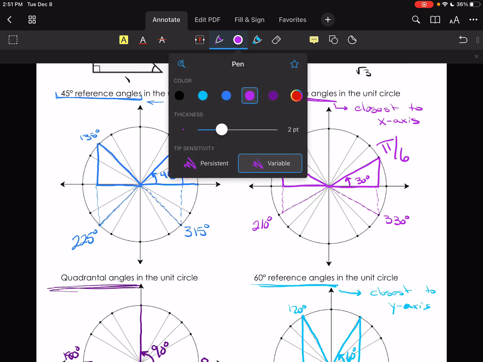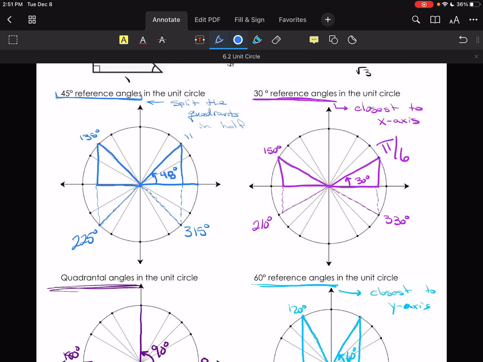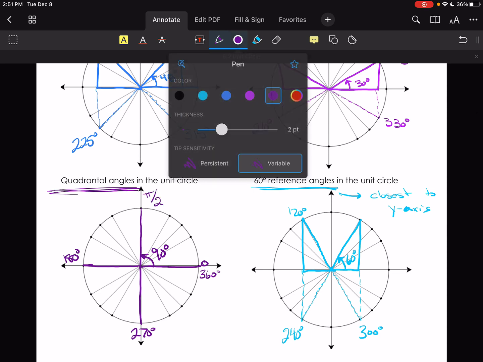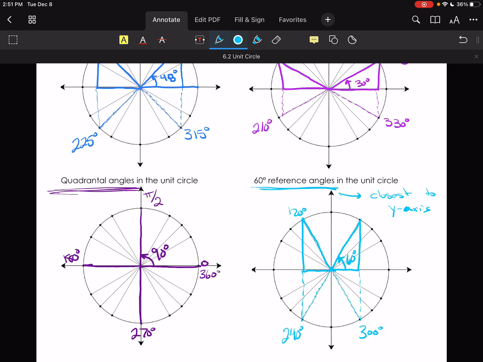Your 45 degree, those go with our pi over 4s. The quadrantals, those are your pi over 2s. And then the 60 degree reference angles, those are our pi over 3s. Okay, and we'll talk more about the radian measures here in a minute.